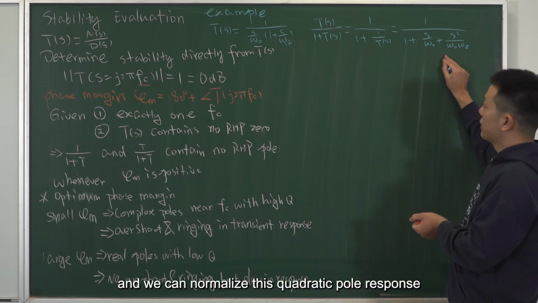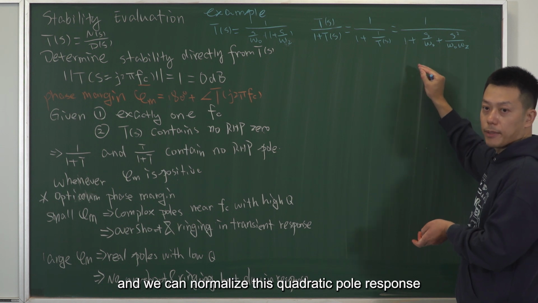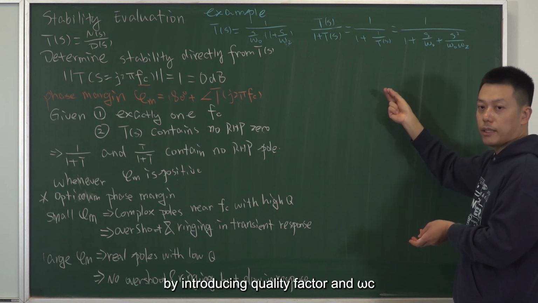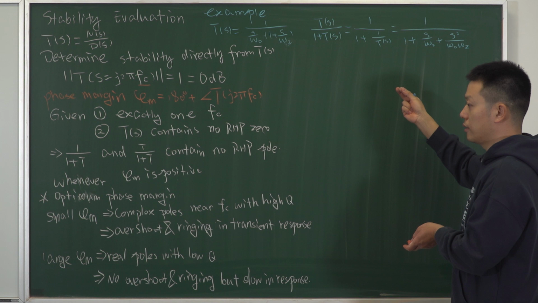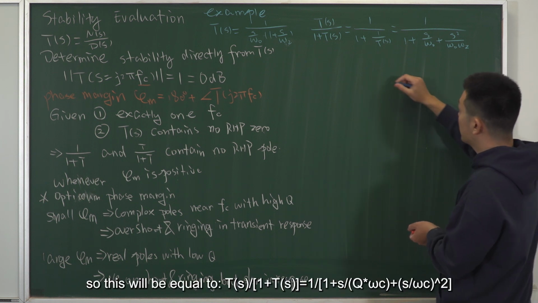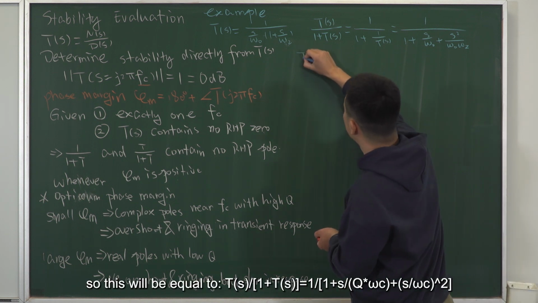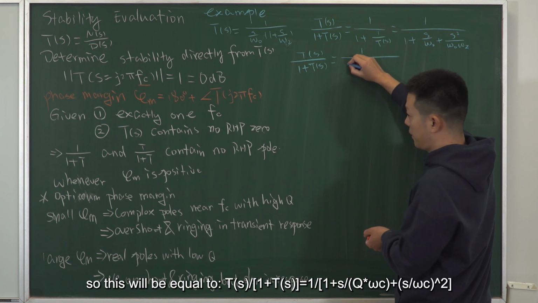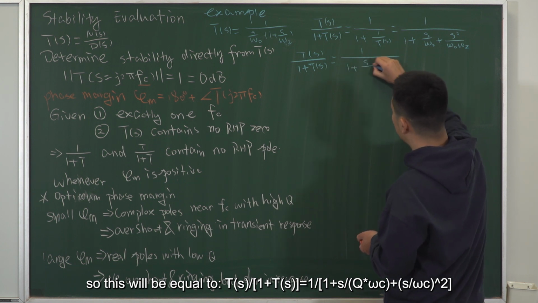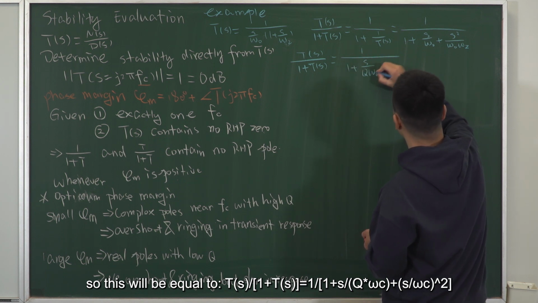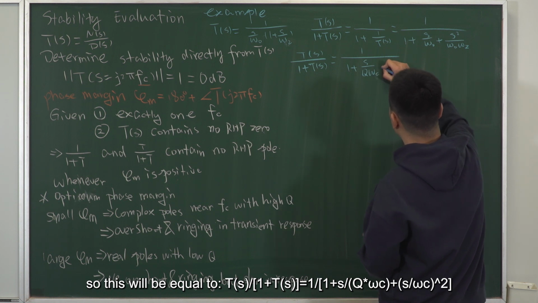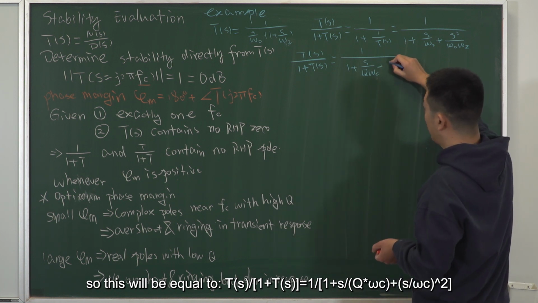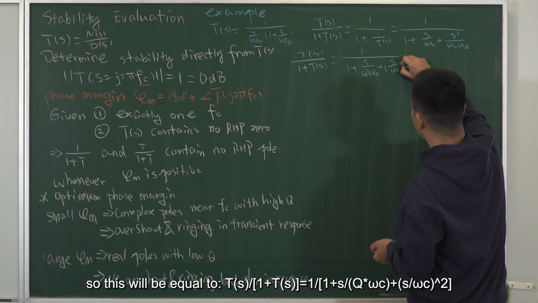We can normalize this quadratic pole response by introducing quality factor and omega c. So T over 1 plus T equals 1 over 1 plus s over (Q omega c) plus (s over omega c) squared.